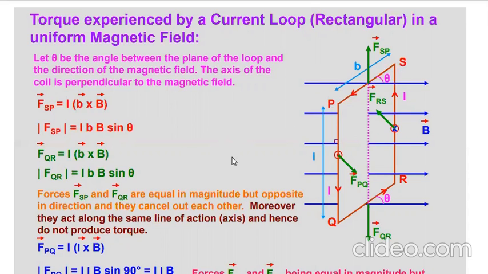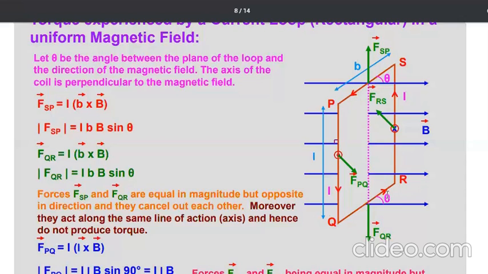Now we take the magnetic force acting on the opposite arm, which is opposite to the PS, that is QR. In this section, current flows in the opposite direction in comparison to this part. Here current flows from S to P, and here Q to R, that is opposite to that of this arm.